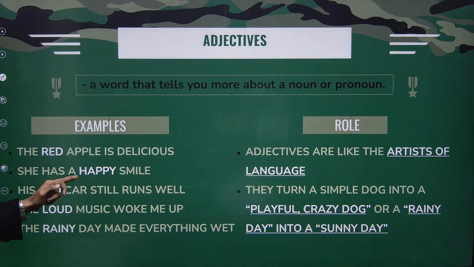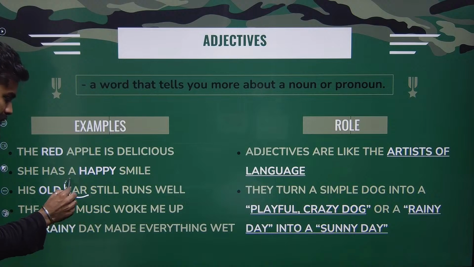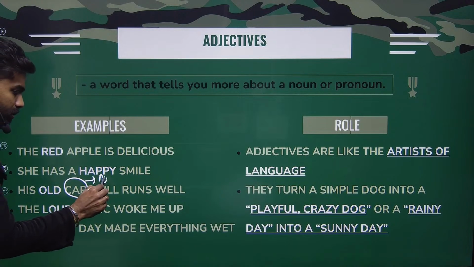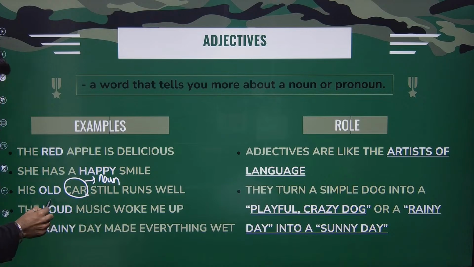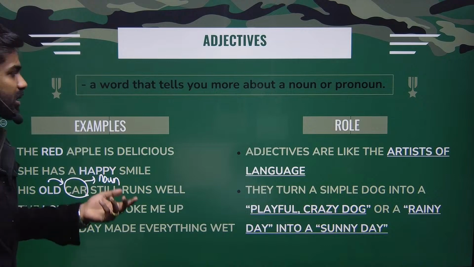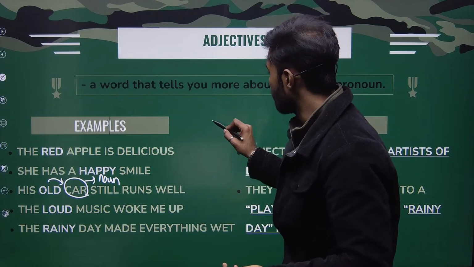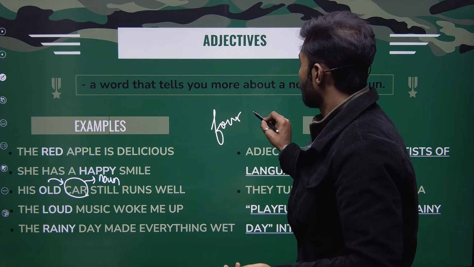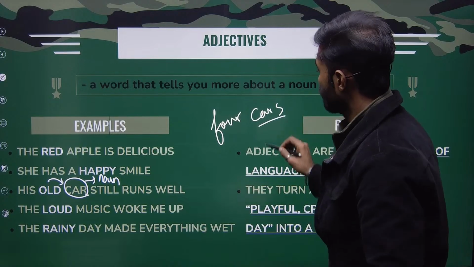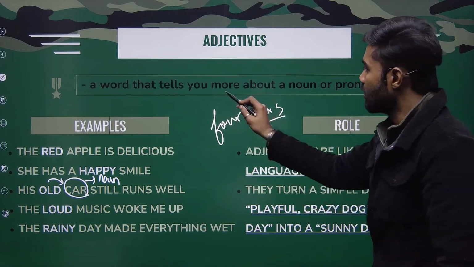His old car. What do you mean by his old car? Car is a noun. And old is giving a detail or information about the car. Is it a new car or is it an old car or what color car? Blue car, red color car, or even if I'm saying 4 cars. See, 4 cars.